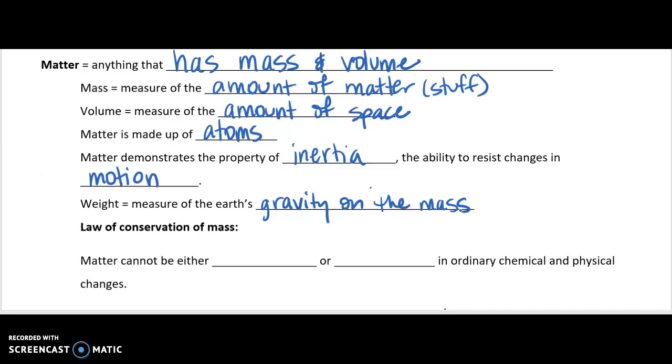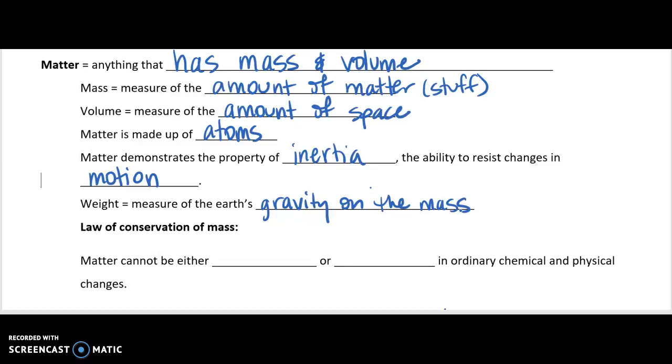If you go to the moon, there will still be the same amount of you. You will still have the same amount of mass. However, your weight will change because there is less gravity on the moon. There's less pull towards the moon. So you would weigh less on the moon, but you'd have the same amount of mass.